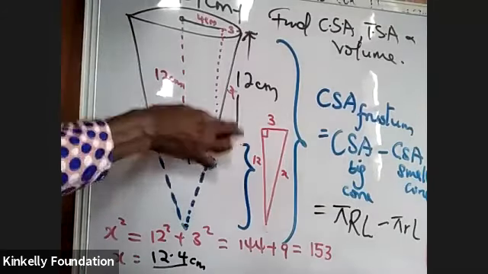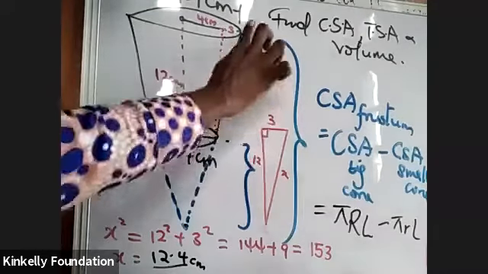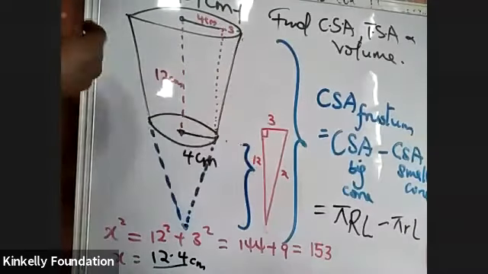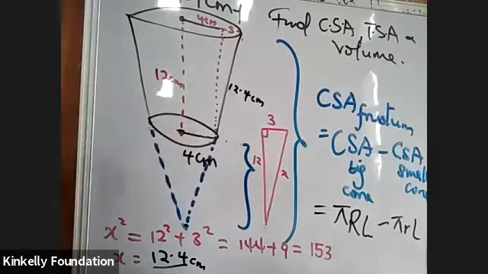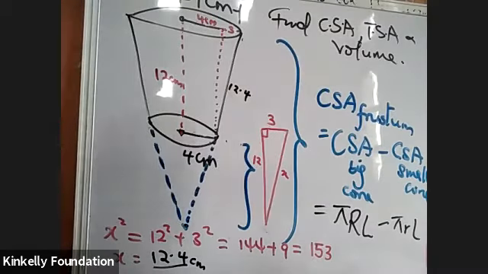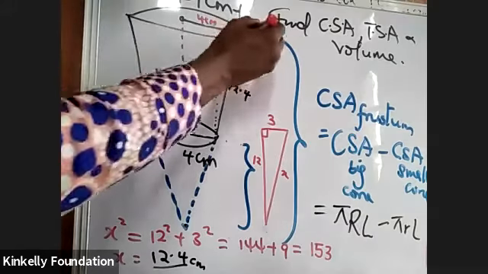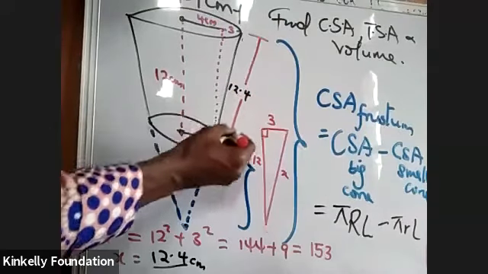If we happen to erase this, remember that this is the height. So here gives us 12.4 cm. Having taken note of that, if this is 12.4, from this point to this point is 12.4.